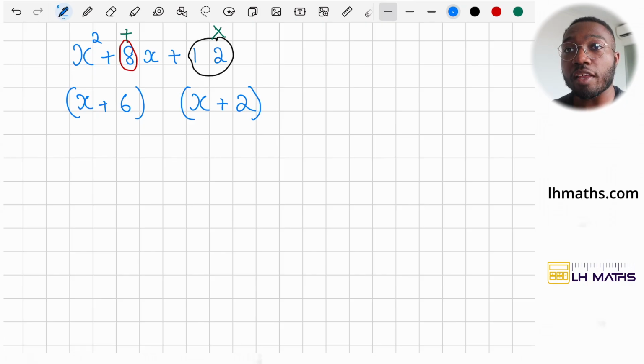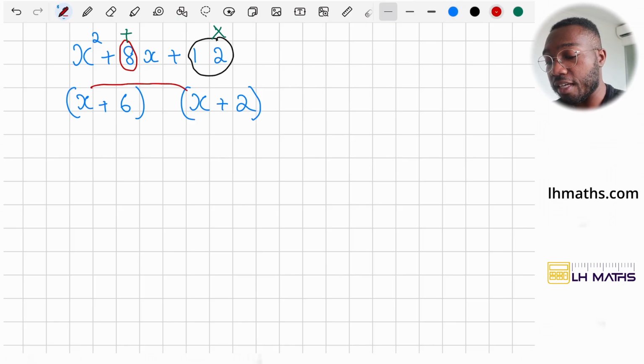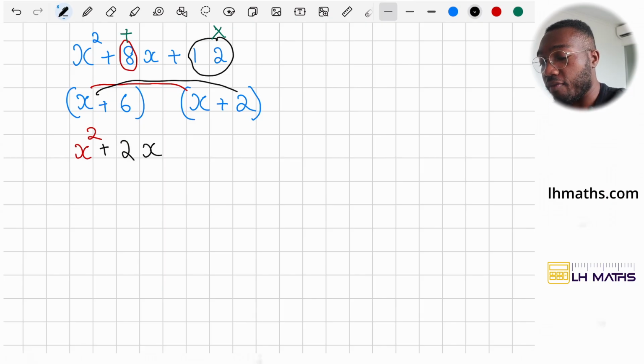If you want to verify this, you can always verify it by expanding the brackets out. If we expand the brackets, we would have x times x, which gives us the x squared. We would have x times 2, which gives us a positive 2x. We would have 6 times x, which gives us the positive 6x.